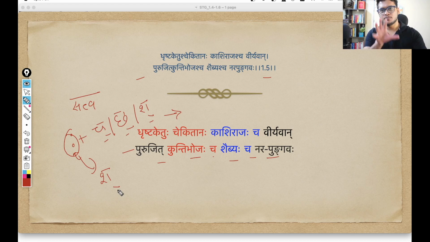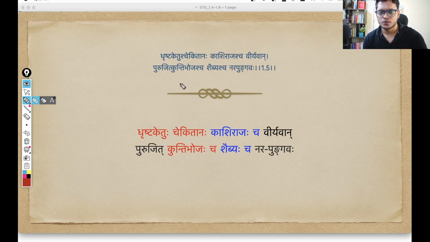All these sandhis are mentioned in the PDF file. This is known as Sattva sandhi, it is used quite often in these shlokas, and it is a very common sandhi also. So if you can see here, shaibhyah cha.